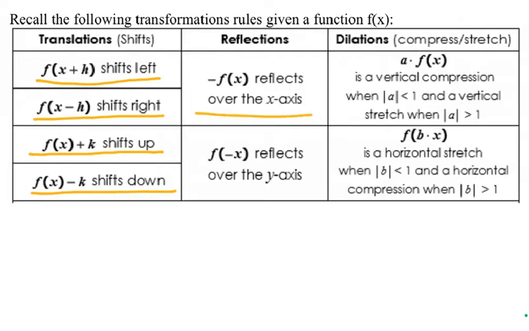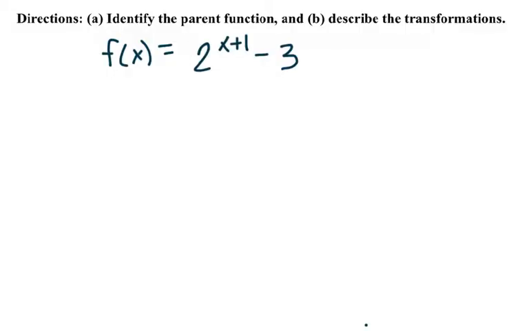If you have a negative in front of the entire equation, it's going to reflect over the x-axis. If you have a negative inside a set of parentheses or wherever the x is located, it's going to flip it over the y-axis. And then you can either have vertical compressions or stretches, and you can have horizontal stretches and compressions. So if this doesn't seem familiar, you can go back and re-watch those videos on transformations if you need to.